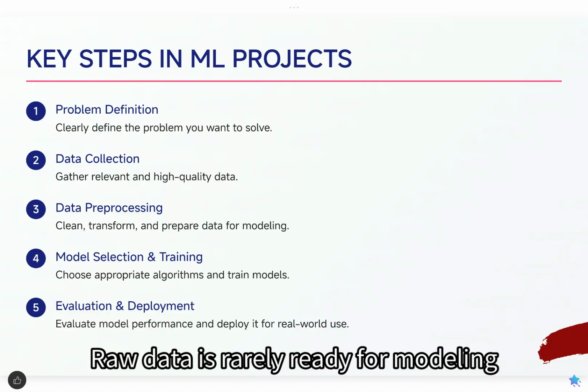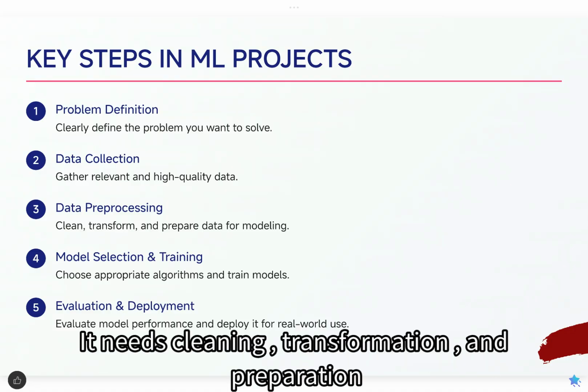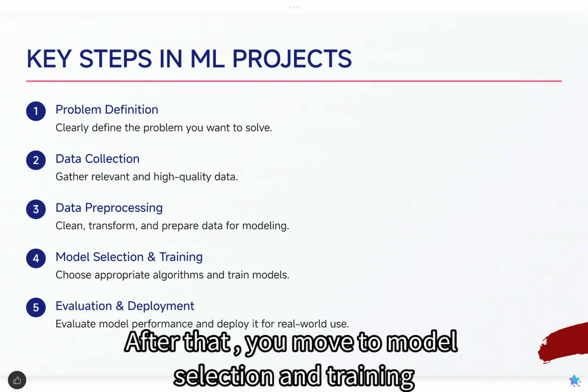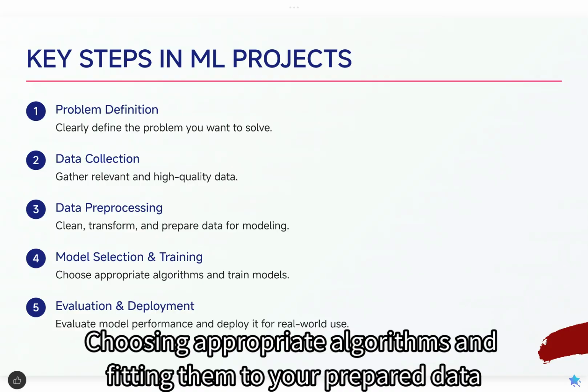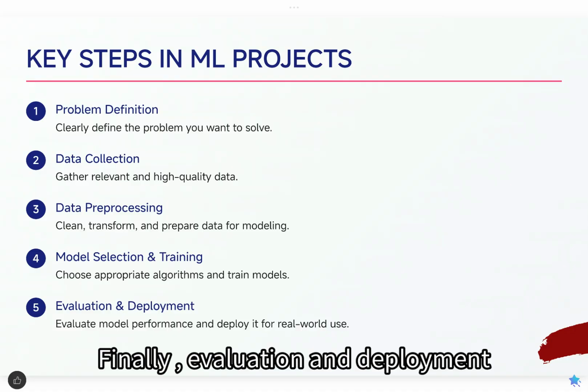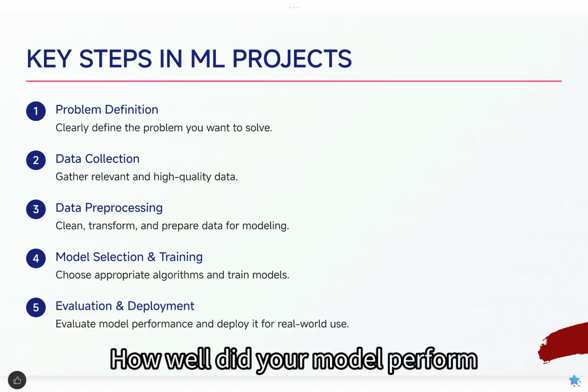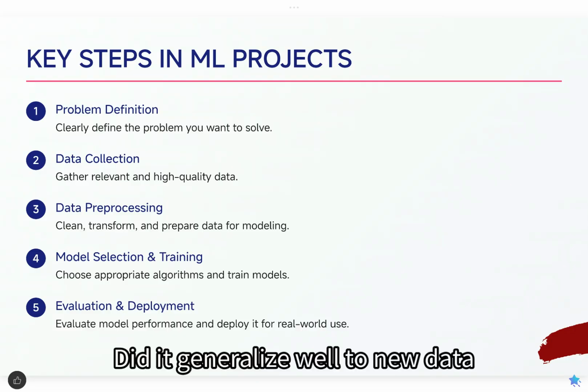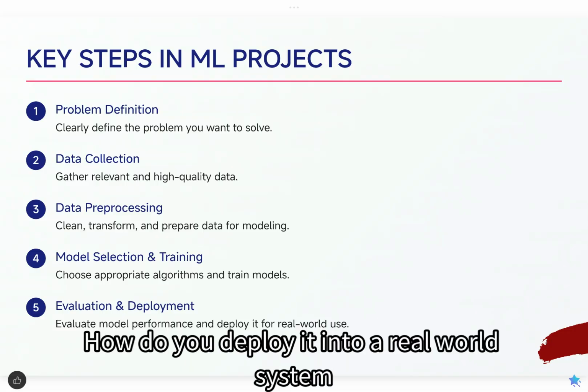Raw data is rarely ready for modeling. It needs cleaning, transformation, and preparation. After that, you move to model selection and training, choosing appropriate algorithms and fitting them to your prepared data. Finally, evaluation and deployment. How well did your model perform? Did it generalize well to new data? And if it's good enough, how do you deploy it into a real-world system?